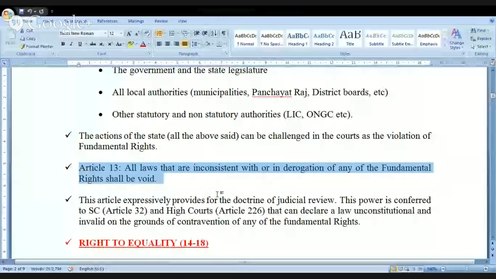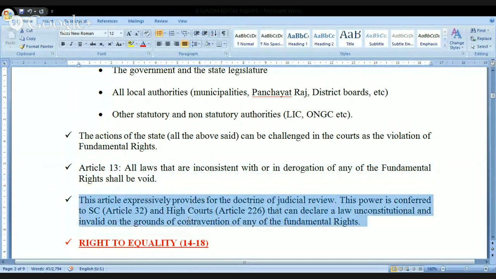Look at this. All the laws that are inconsistent with or in derogation of any of the fundamental rights shall be void. Now look at this. The article expressly provides for the doctrine of judicial review.